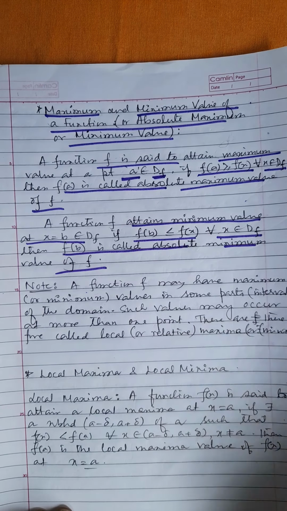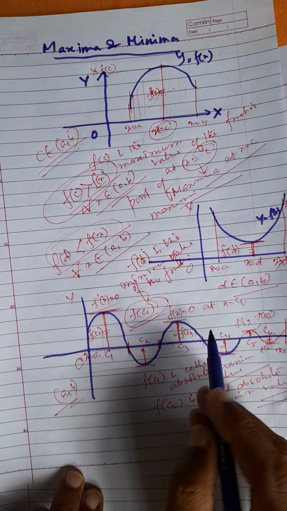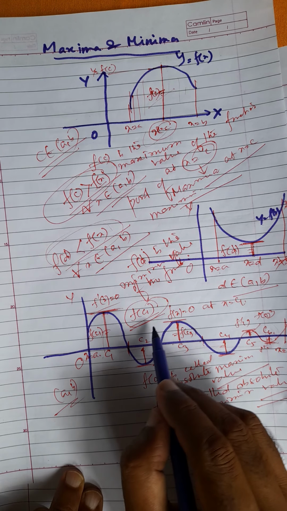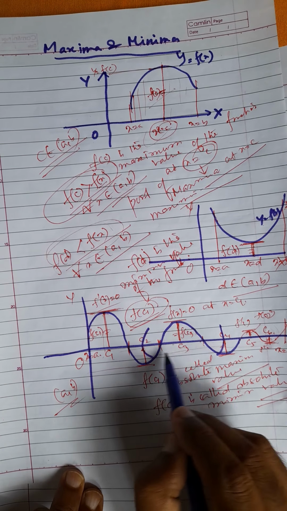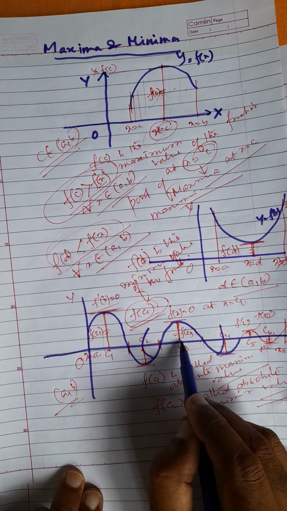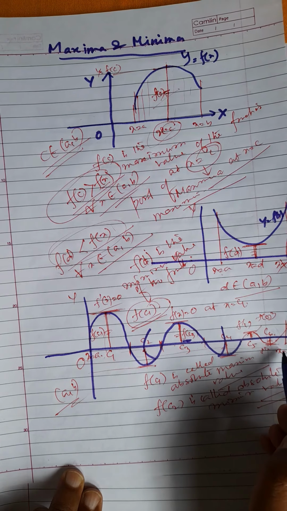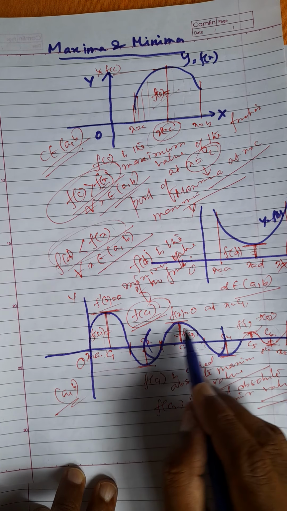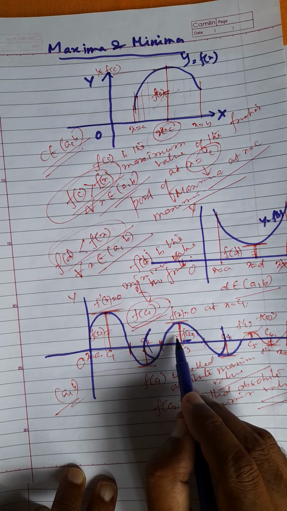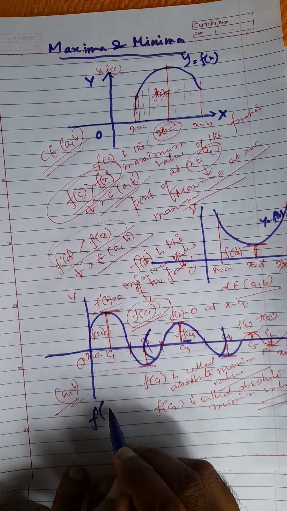Note, a function f may have maximum or minimum value in some parts. Here I already told this. Now if I say within this interval, what is the maximum? In the open interval a comma b, we can take the local area. This is the local area c1, c2, c4. Here the maximum is f(c3).